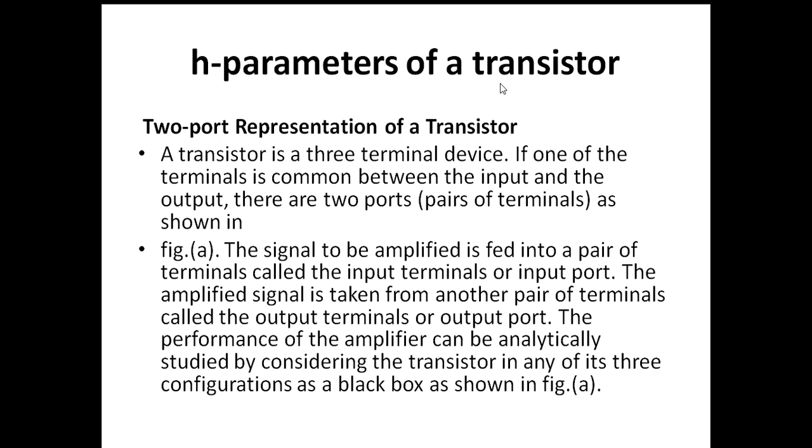So if any one of the terminals is common between input and output in a two-port network, it becomes a two-port device. In a two-port device, the required four terminals are made by taking one of the terminals as common, as just shown in the block diagram.